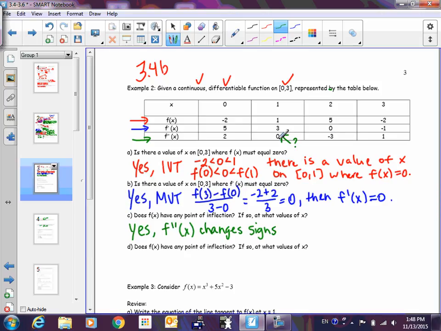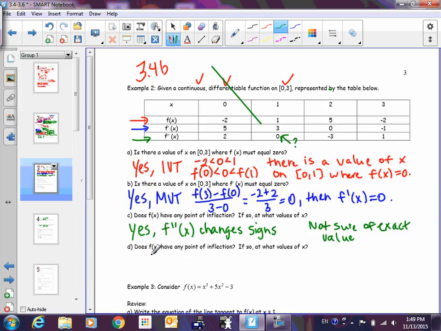So I really don't know that that's a point of inflection. If so, at what values of x? All we can really say for this is we're not sure of the exact value. But I know that it's happening somewhere between 0 and 2.